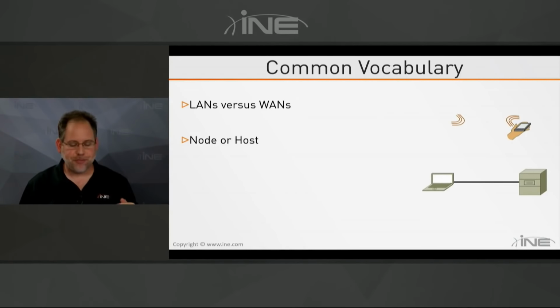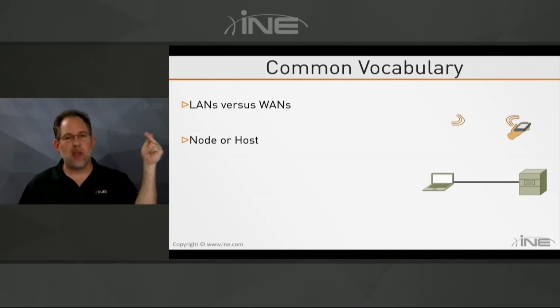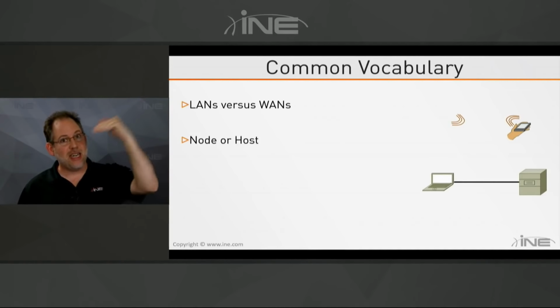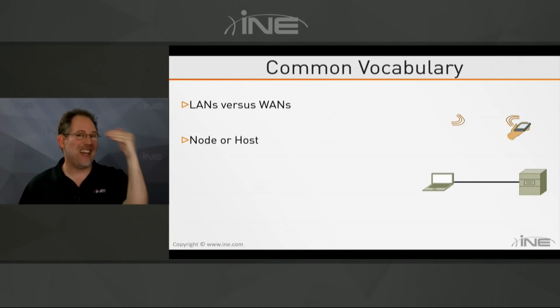So for example, your laptop, your PC is a node or a host on the network. Your smartphone, if your smartphone is connected to a Wi-Fi network, that is a node or a host. Your tablet is a node or a host. Any end device connecting to the network for the purposes of either pushing data into the network or retrieving data from the network is called a node or a host.